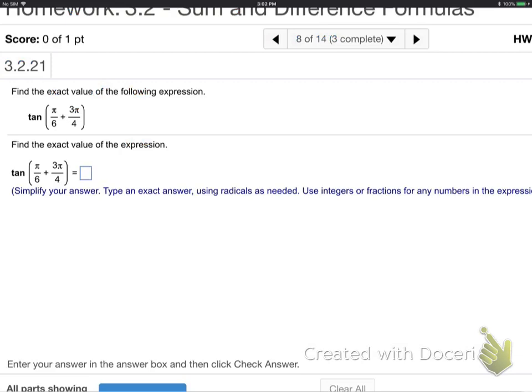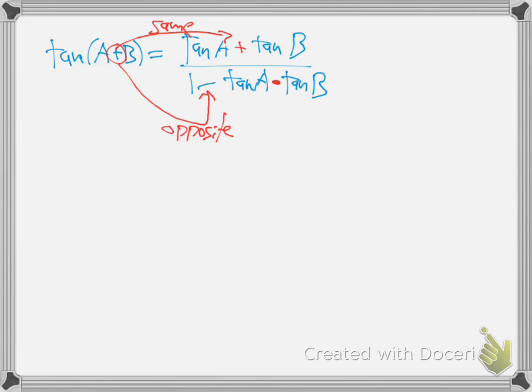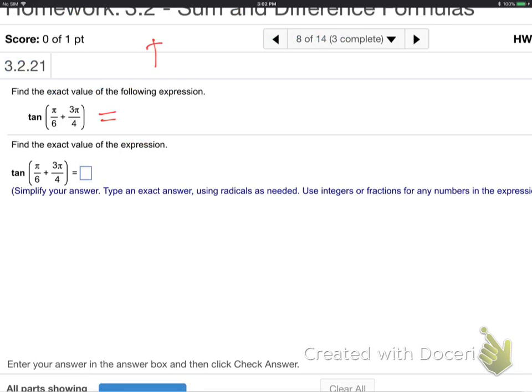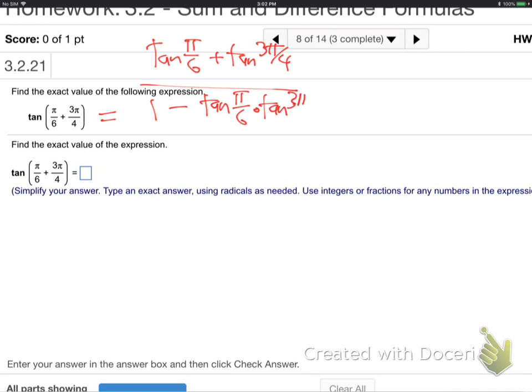So with that in mind, let's try this problem. Tangent of 2 angles added. Let's follow the yellow brick road pattern. Tangent A, tangent B on the top. So tangent of the first one plus tangent of the second one, all over 1 minus tangent of the first one times tangent of the second one.